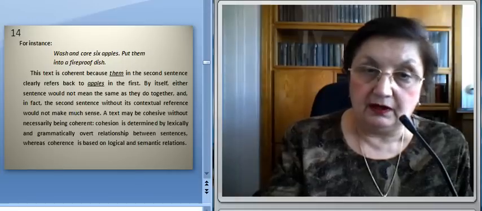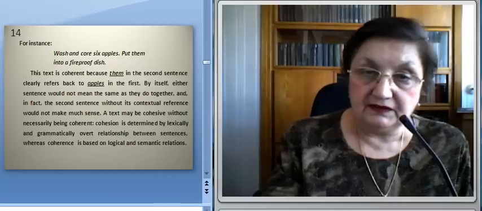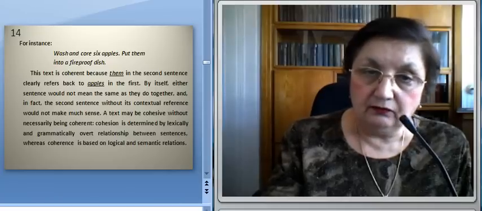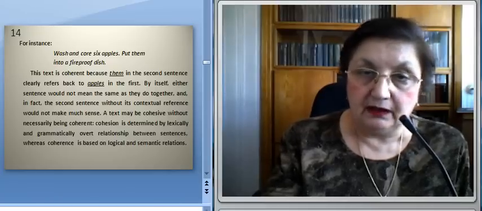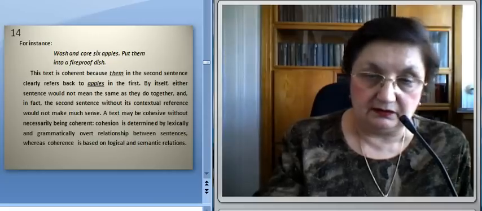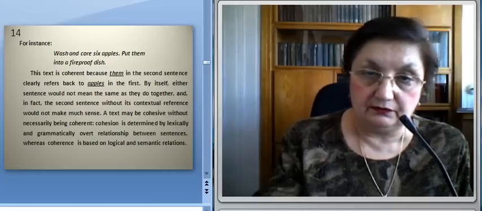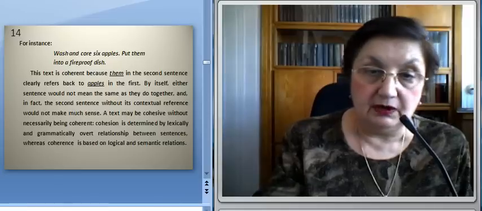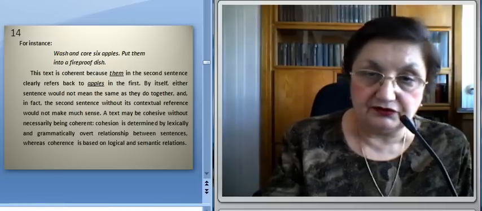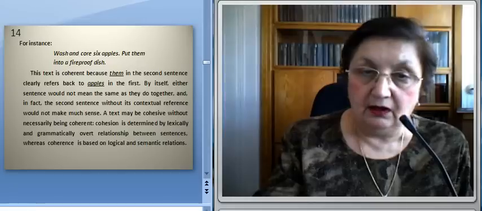A text may be cohesive without necessarily being coherent. Cohesion is determined by lexically and grammatically overt relationships between sentences, whereas coherence is based on logical and semantic relations. The second standard of textuality is coherence.